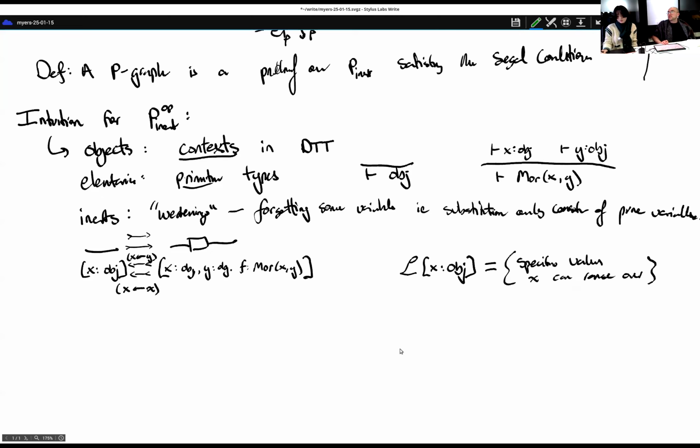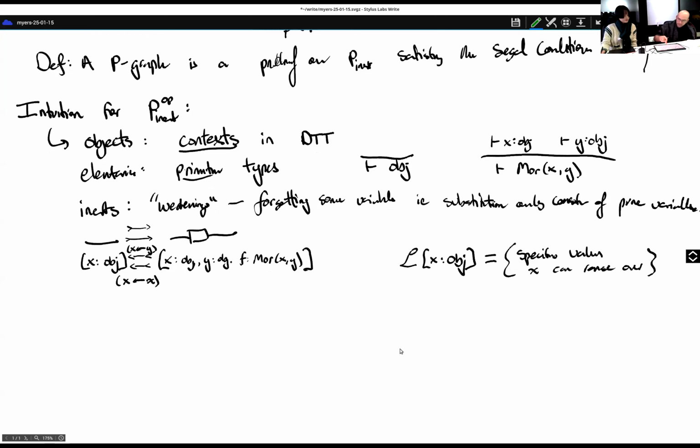The Segal condition now says that the values that a list of variables can range over is the limit of the values that each individual variable can range over, which is sensible.